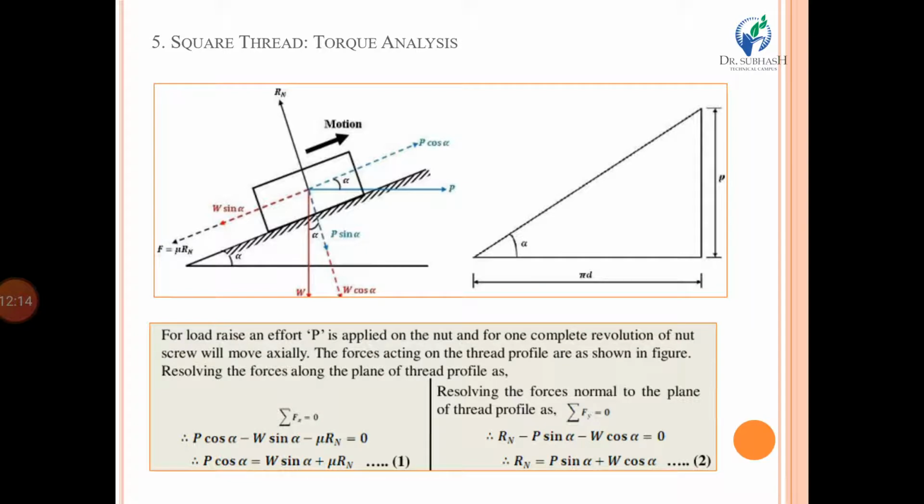So ultimately this diagram is a true representation of any power screw, because it shows that there is a force P which is responsible for raising the load. Of course, in the case of a screw jack we apply a force P for lifting the load. So over here P is responsible for lifting the block or load.